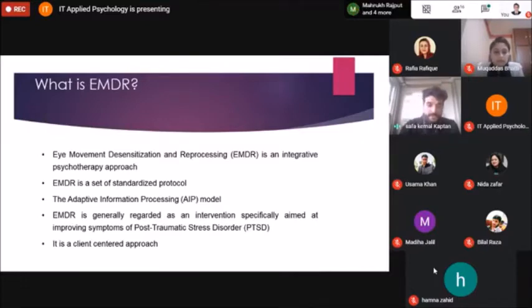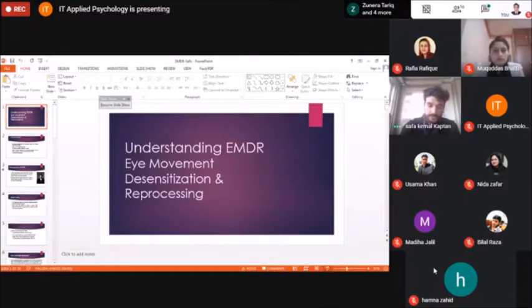I find EMDR very user-friendly, and I think it is quite client-centered because in EMDR it is the client who does the healing. Because EMDR activates the client's own healing mechanisms, and these mechanisms stimulate personal information processing. Personal information processing may sound odd right now, but this is linked to the AIP model, and as I said, I will talk about it later on. Next slide, please.